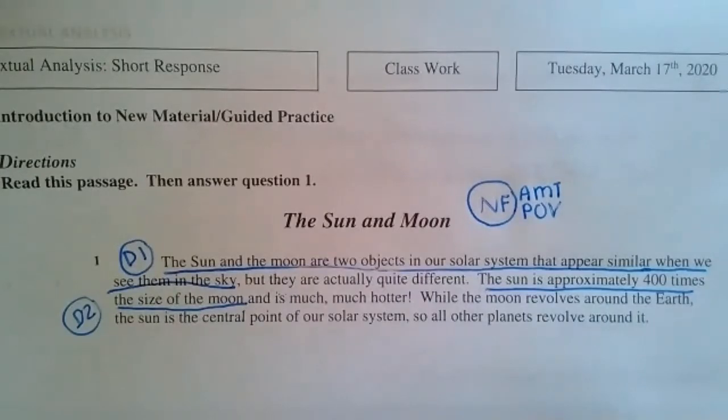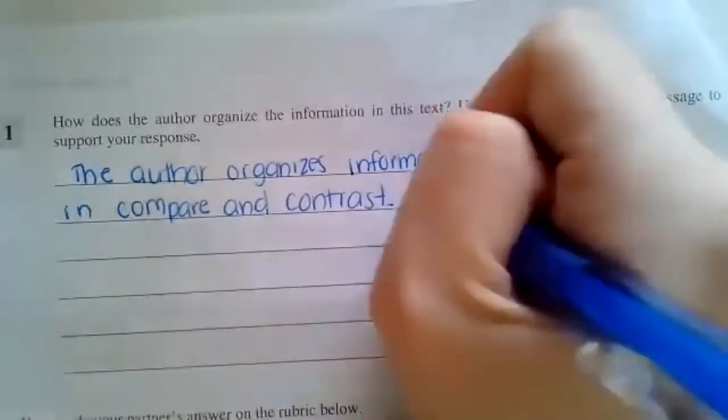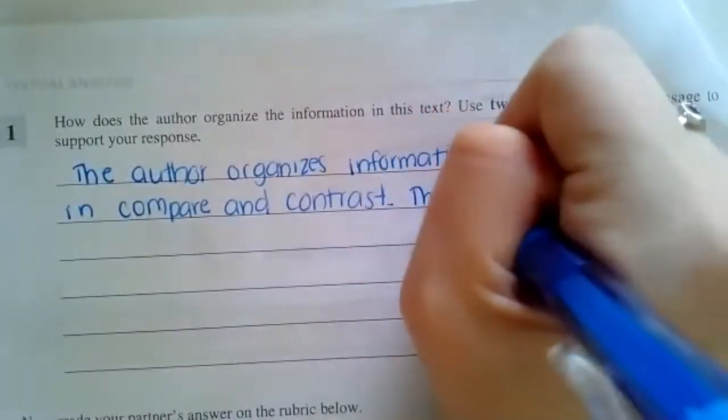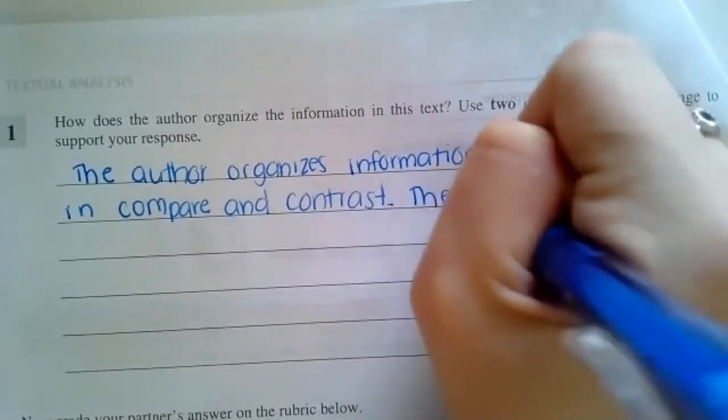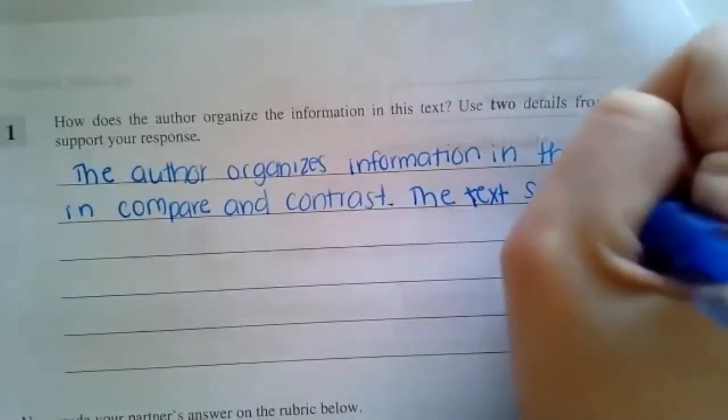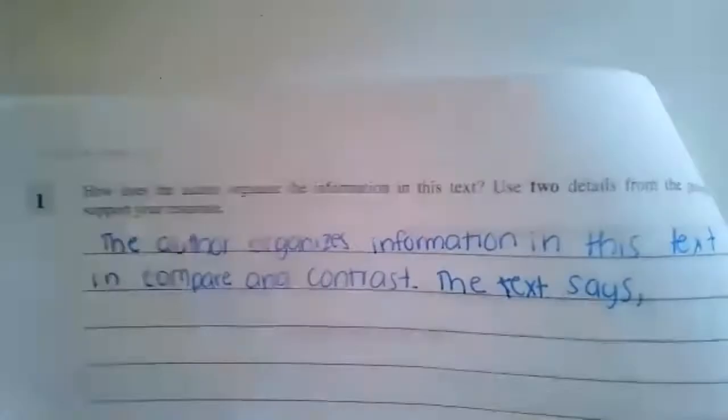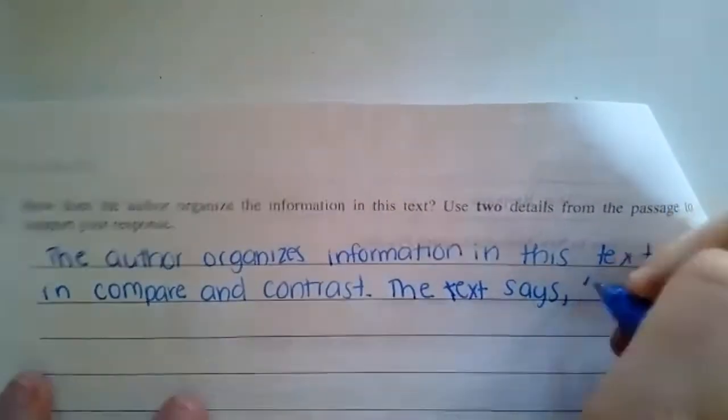Now, when we go back into breakout rooms, you're going to be doing the text can't, which means that first we need to tackle this same one. So let's go back and get our detail 1. I'm flipping back here. I'm saying the text says, and I need to flip back to my first page. The sun and the moon are two objects in the solar system.